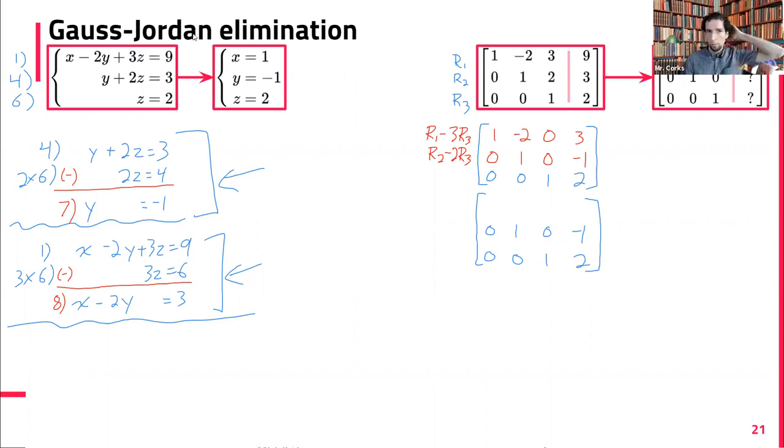Maybe we need to get back to the system of equation. We haven't solved for all the variables with the matrix yet. We still have this -2 that we don't want. We have to multiply the row 2 by 2 and then add to the row 1.